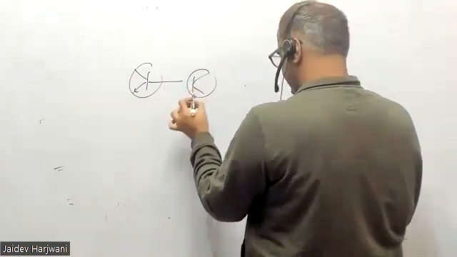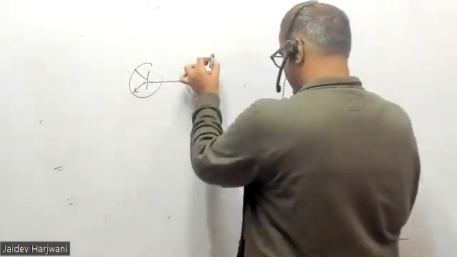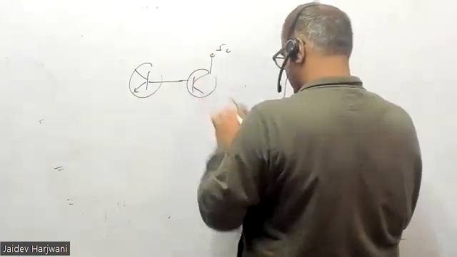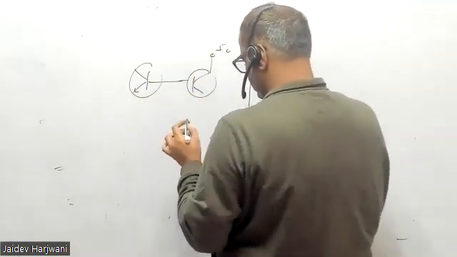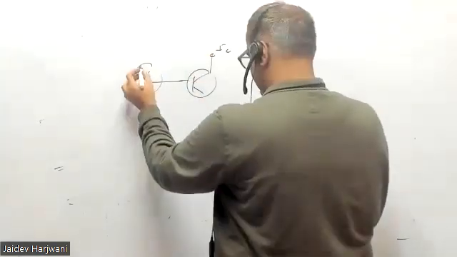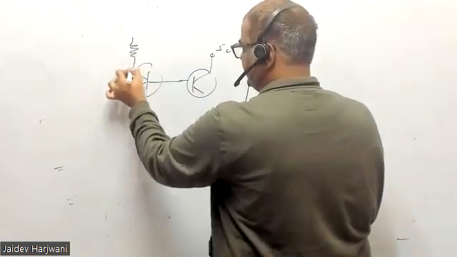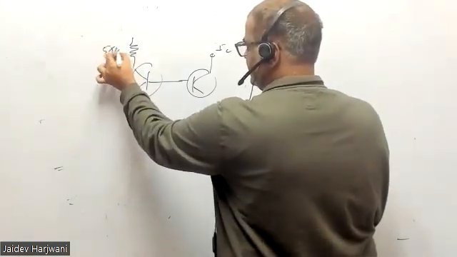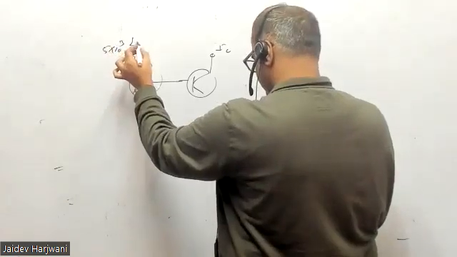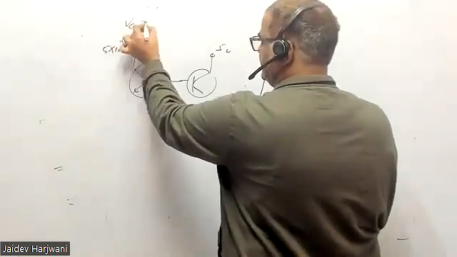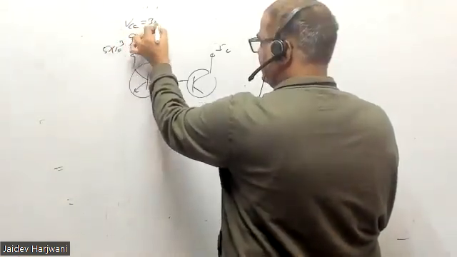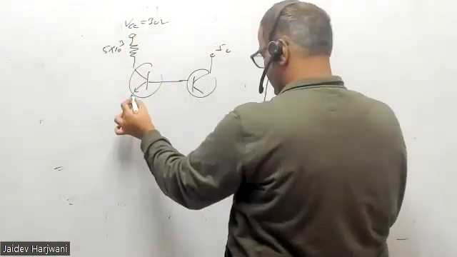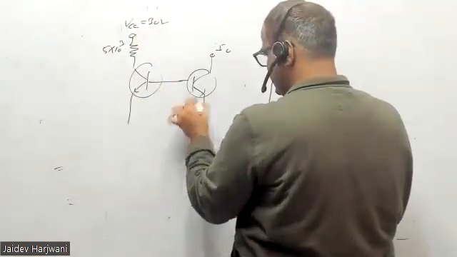Both bases are connected, okay? And here you have current I naught, and here you have a 5 kilo ohm resistance, and this is your VCC. VCC is given 30 volt, okay, and both are grounded.